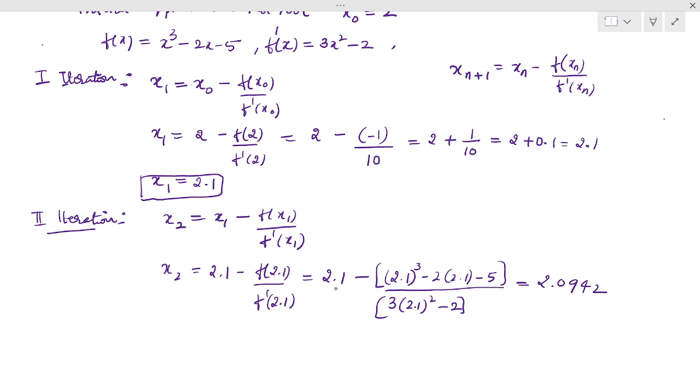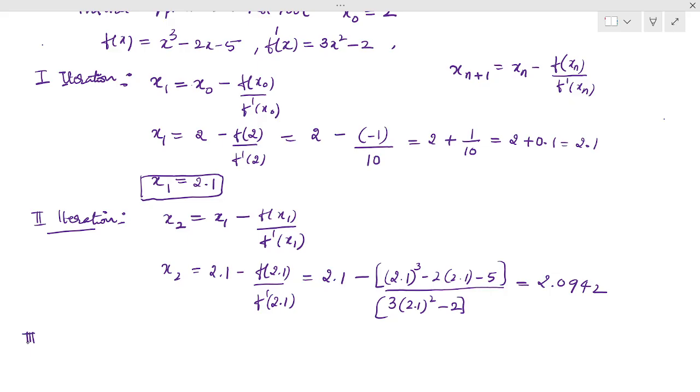As I mentioned already, you calculate each separately, divide, and whatever value you get, you subtract from 2.1. Okay, let's go for the third iteration.